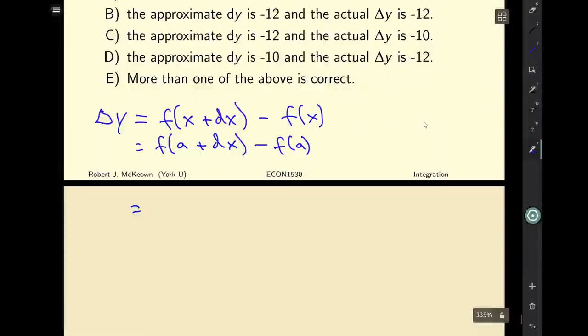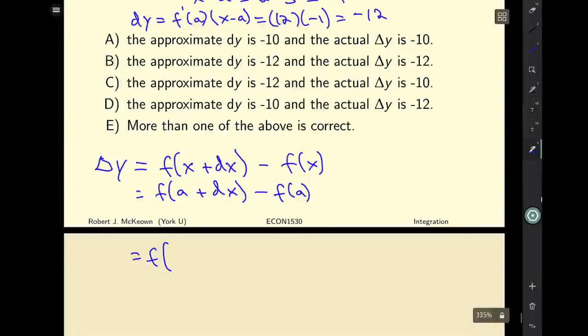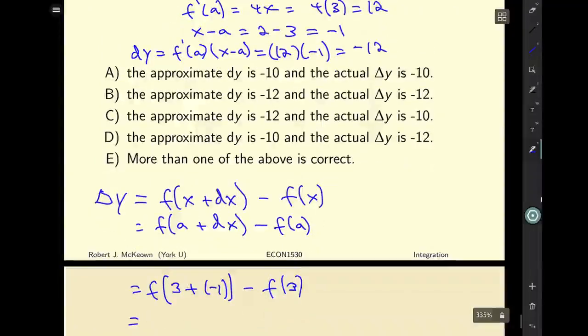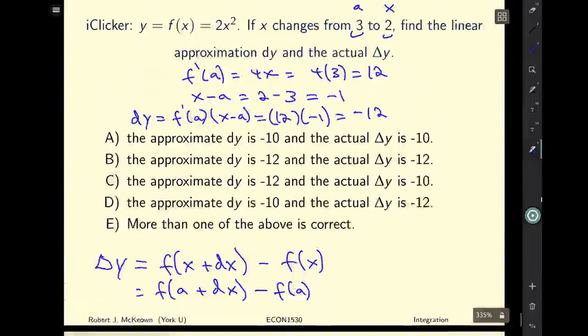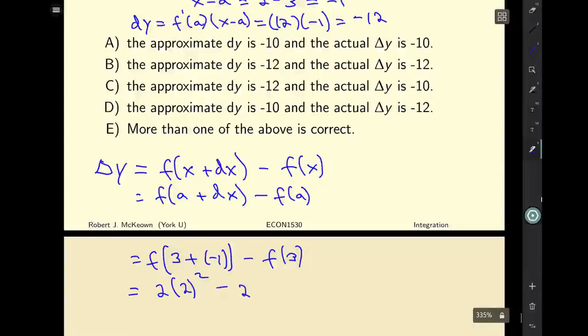So we end up with f of 3 plus negative 1 minus f of 3, and that's going to give us 2 squared times 2 minus 3 squared times 2.